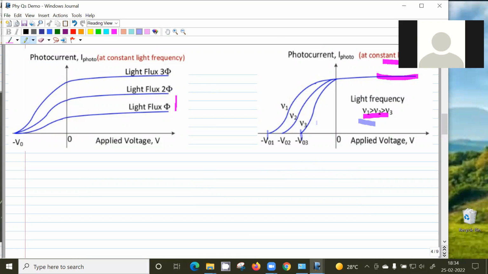Below the saturation value, the current depends on the applied voltage, and it is proportional to the voltage there. But what is meant by photocurrent is the general understanding of the saturation value.